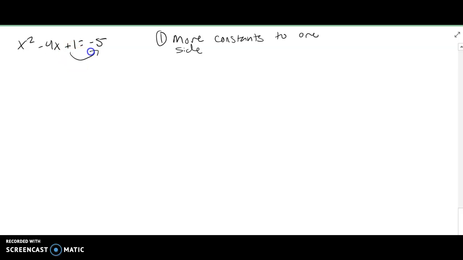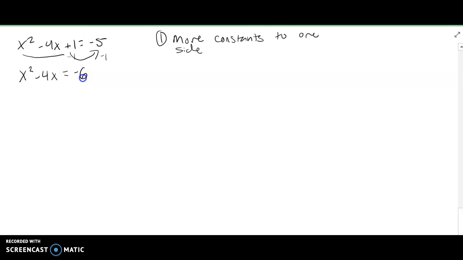So I'm going to move this 1 over to our right side so that the x's are all on one side. We subtract 1, so we have x squared minus 4x equals negative 5 minus 1, and that's going to be negative 6.